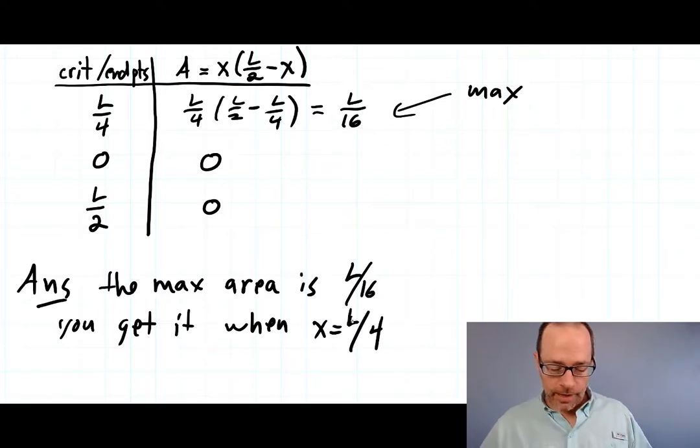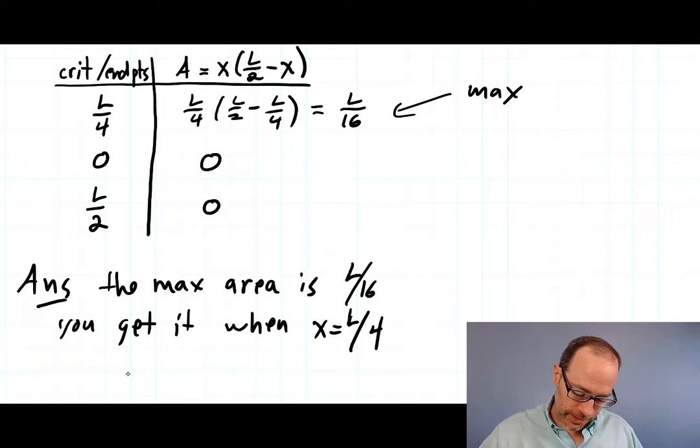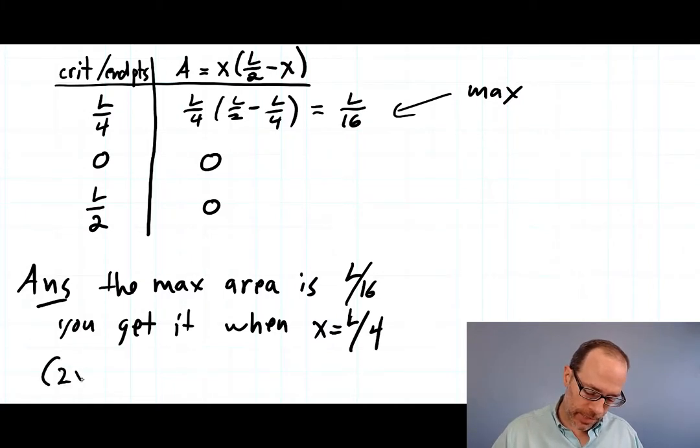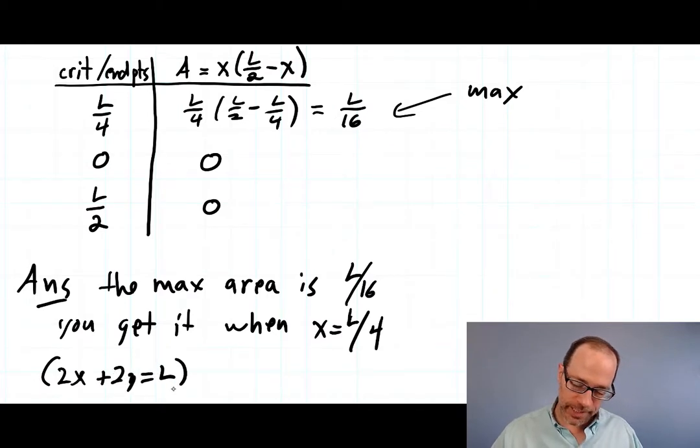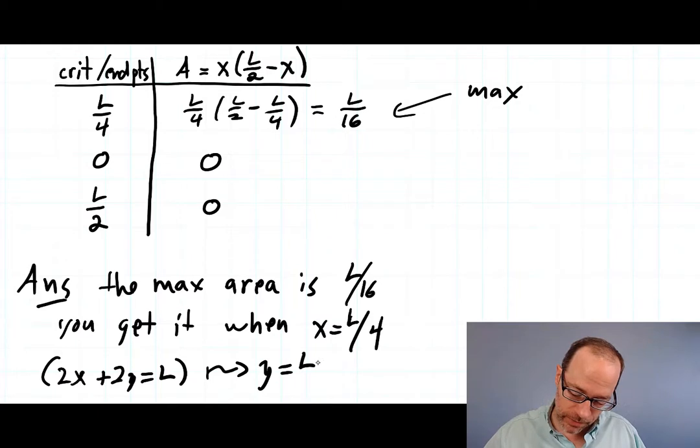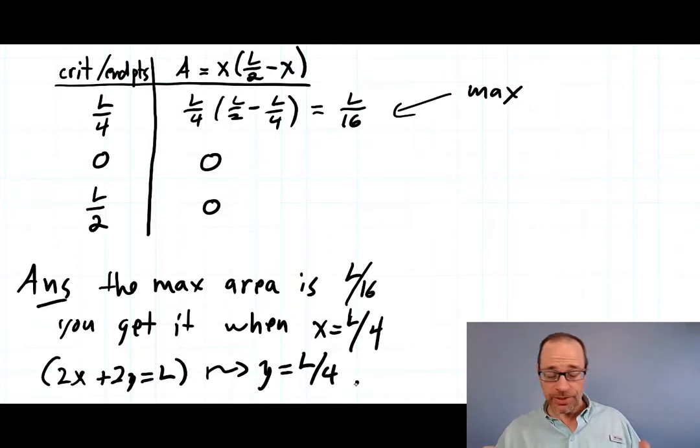All right. Now, I suppose you should say what y is. Remember, 2x plus 2y was L, so you can plug in x into there and solve for y. But anyway, if you do that, you'll see that y has to be L over 4 as well. So actually you maximize the area by making a square. All right, that's it for our first example. See ya.